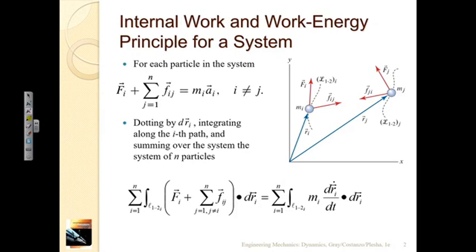So if we have multiple particles in our system now, we've got some internal forces acting on these. So F12 between particles 1 and 2, F13 between particles 1 and 3, F23 between those guys.